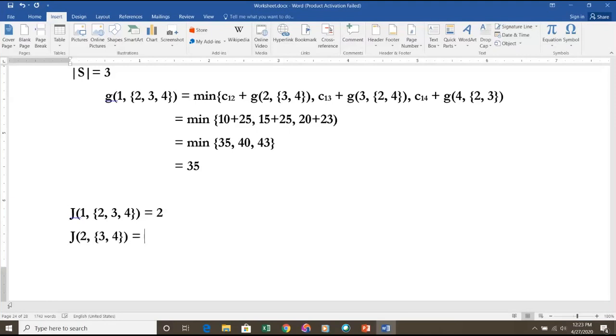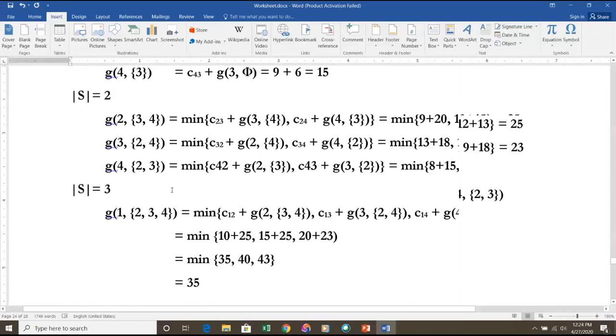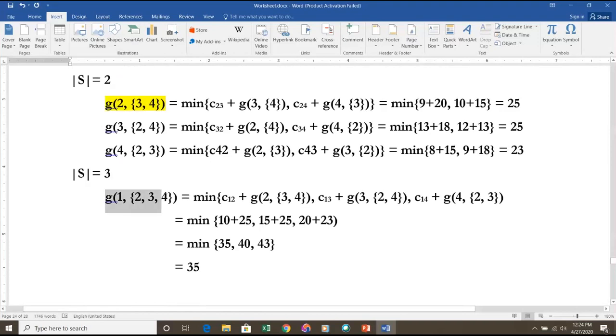Starting from 2, either we should go to 3 or 4. Now 2 to 4: you have got two values, one is 29, other one is 25. You got 25. How did we get 25? For the second one, which is 4. It means j of 2 comma {3, 4} is nothing but 4. That means from 2 you are reaching 4.